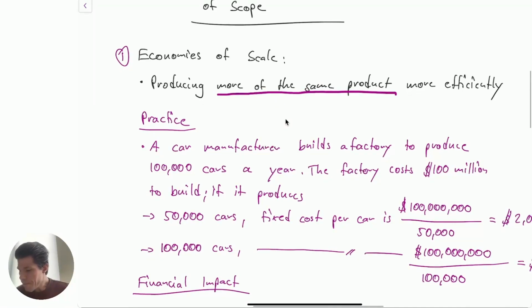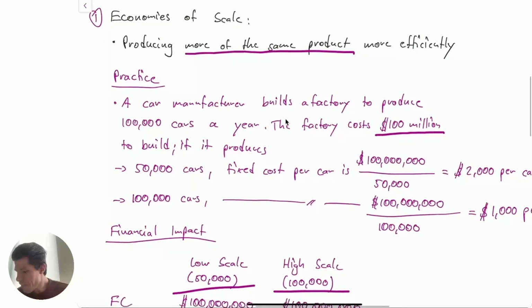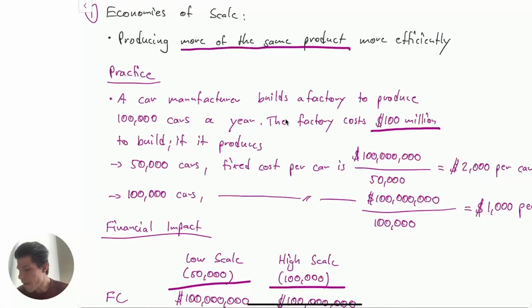An example: a car manufacturer builds a factory to produce 100,000 cars a year. The factory costs 100 million to build. Let's assume there are two scenarios. Scenario one, either 50,000 cars are produced or 100,000 cars are produced.